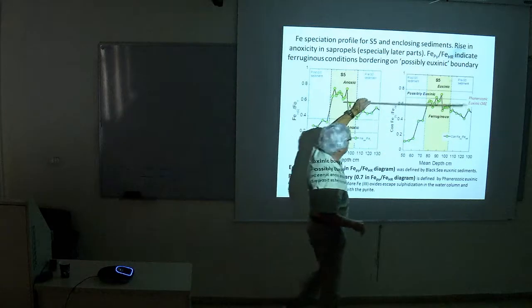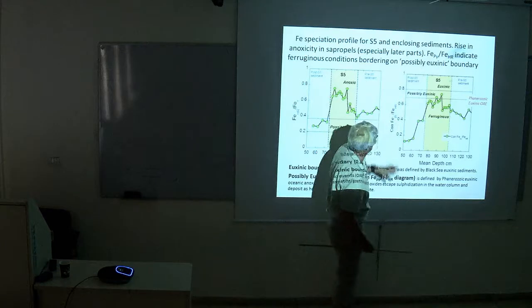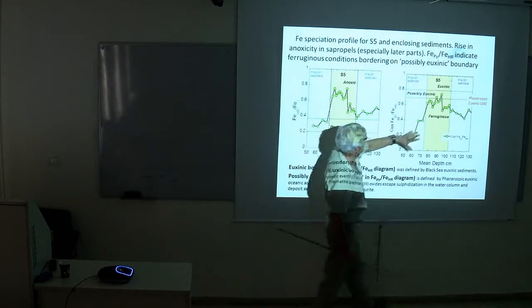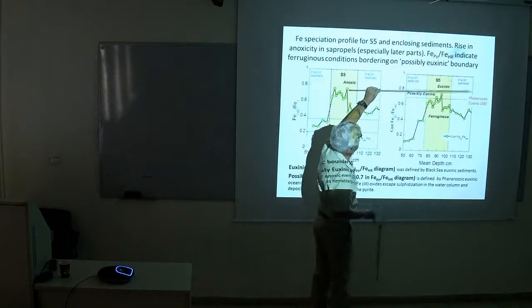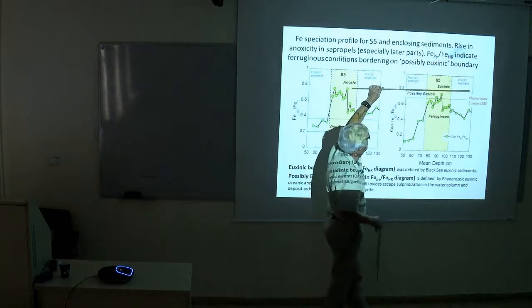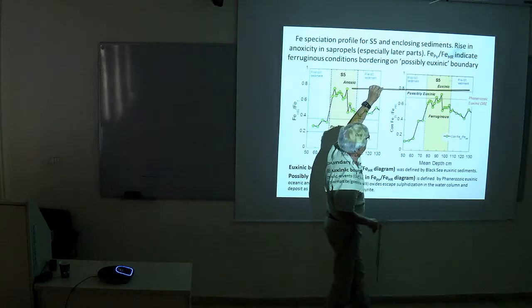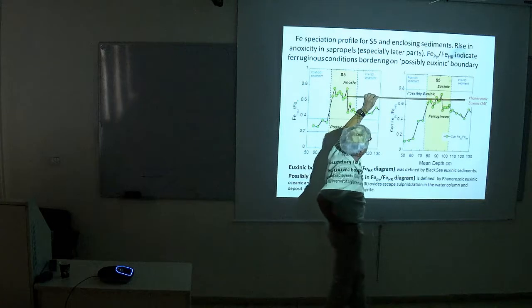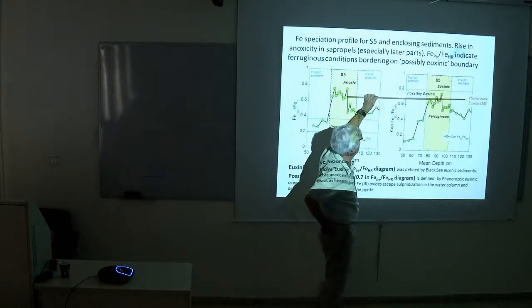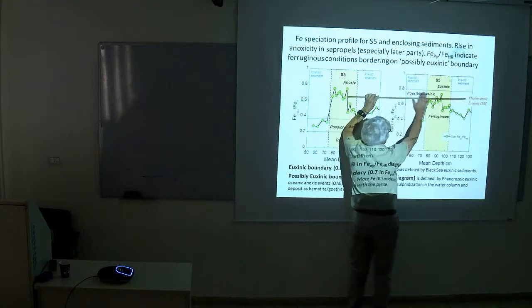But when we come, therefore, and take this data and put it into the second diagram, the diagram that separates between ferruginous and euxinic, this is the Black Sea boundary that Canfield and others used. But then later, and this is important, they lowered this boundary, or Simon Poulton, I should say, lowered this boundary, and we called it possibly euxinic.